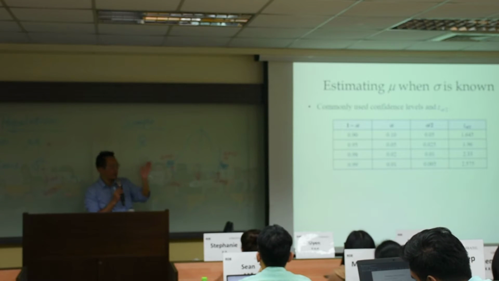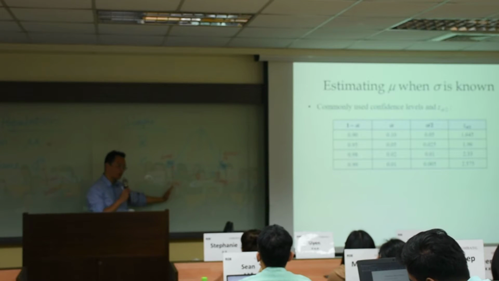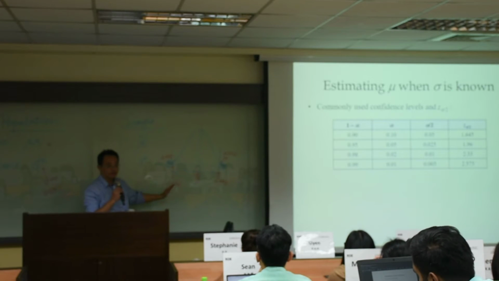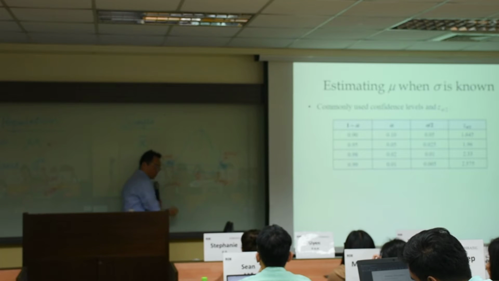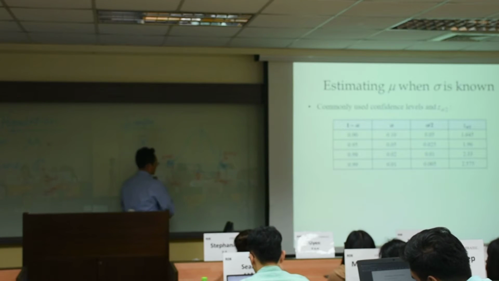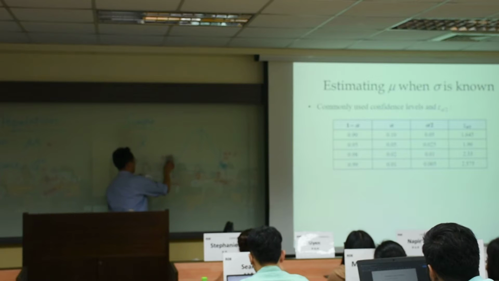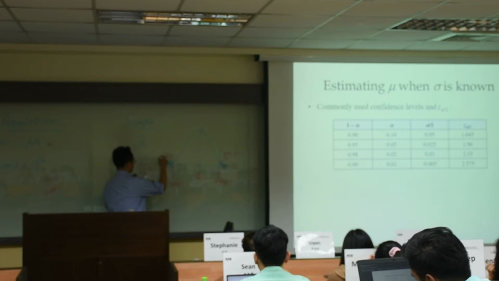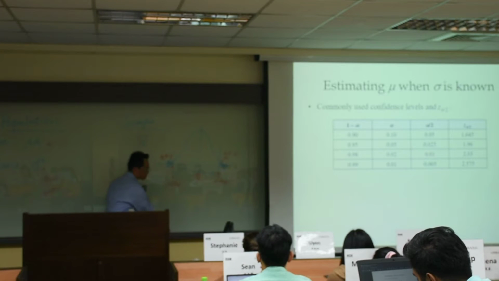And if we have a smaller alpha, these two values will move outward. And it will be 1.96 if we set the alpha. Let me slightly modify this. So this is 0.05.